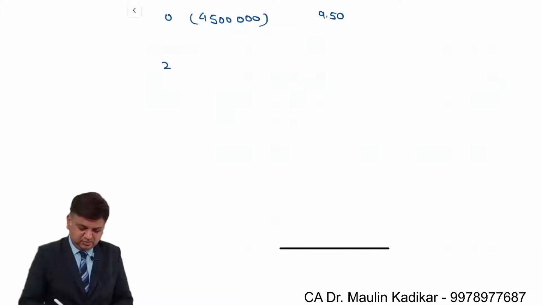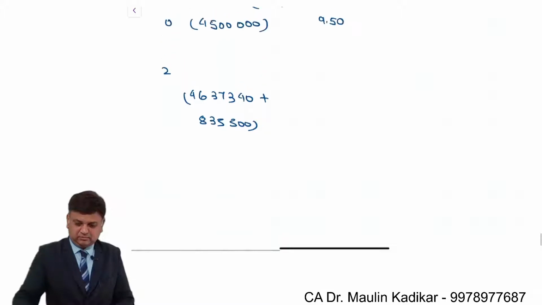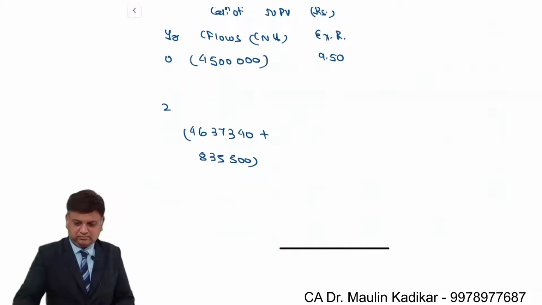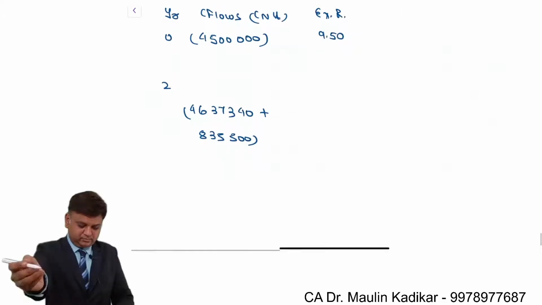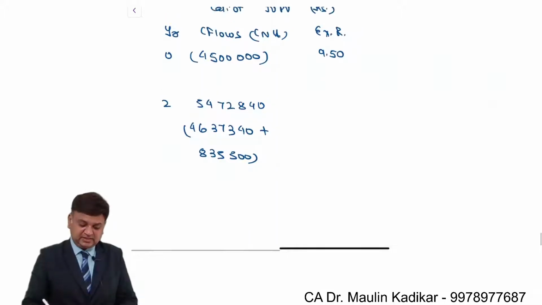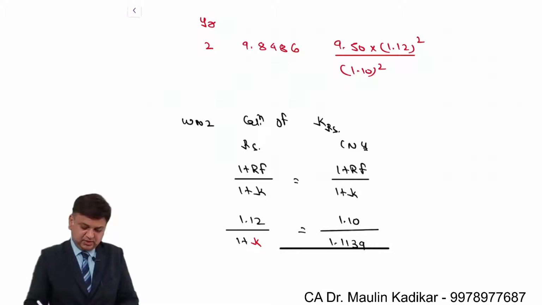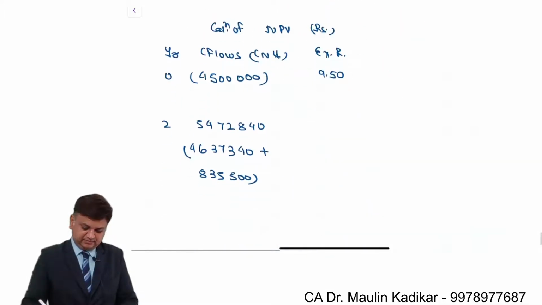So it is 46 lakhs 37,340 plus 835,500, which is 54 lakh 72,840. Relevant exchange rate will be applied for conversion. It is 9.8486.